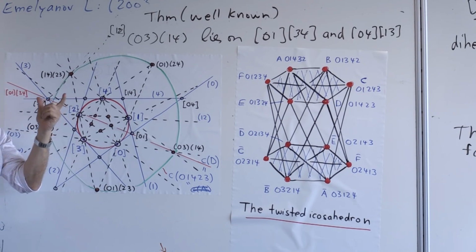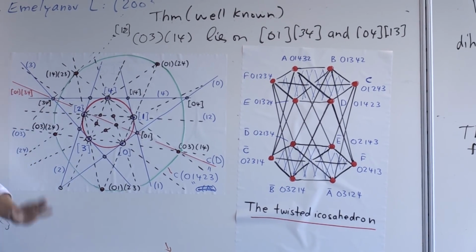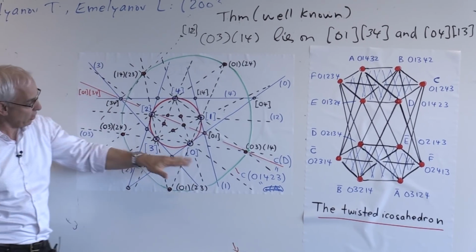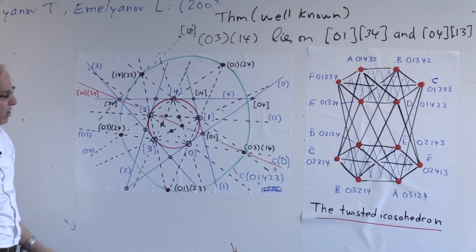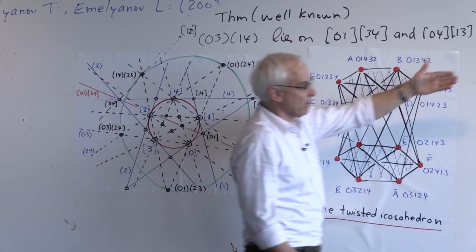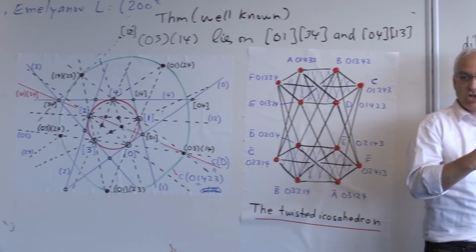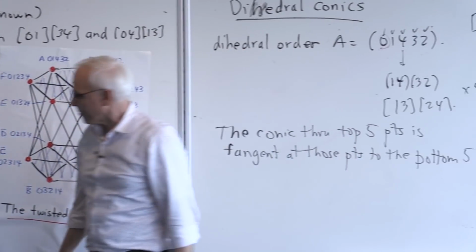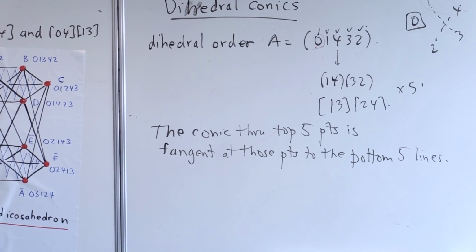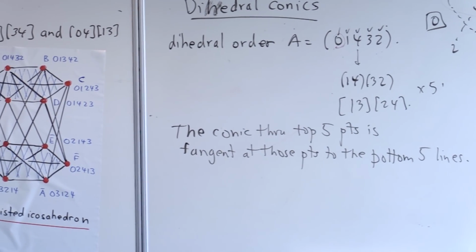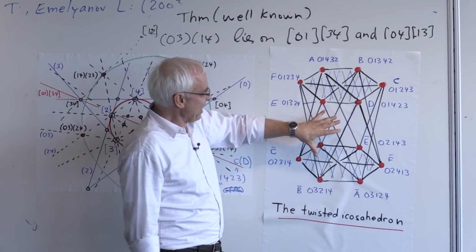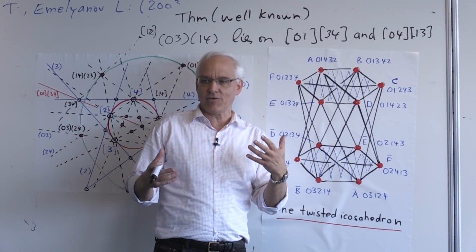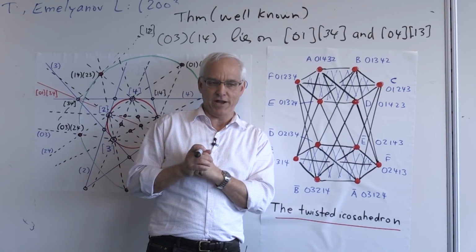So each dihedral ordering gives us a conic where we have control of the 5 points and the tangents at those points, purely combinatorial in a very simple way through the configuration of the dihedral order. And then these 12 conics fit together in terms of an adjacency. So this graph has an interpretation in terms of the relationship between these 12 conics.